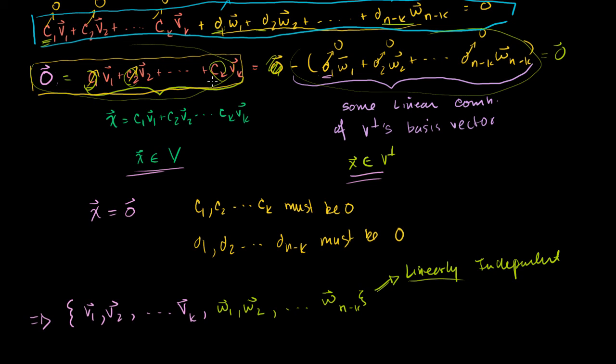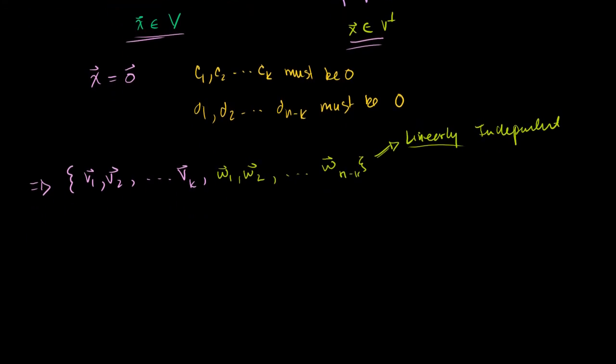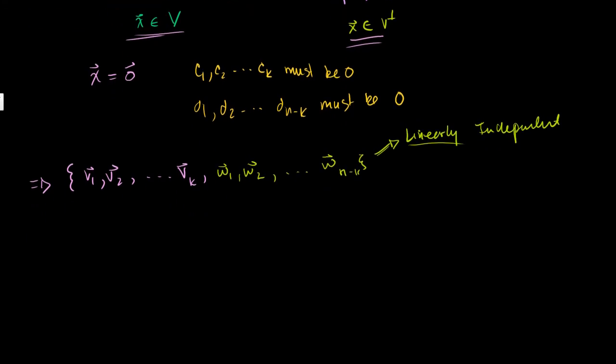The only solution to that is all of these constants being equal to 0, because each of these are linearly independent sets. So therefore, all of these constants have to be equal to 0. And then this augmented set, where you combine all of the basis vectors, is going to be linearly independent.